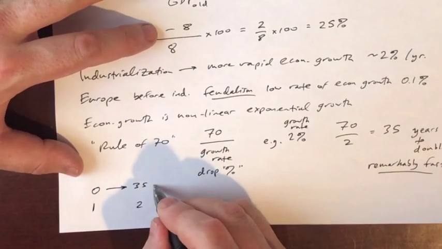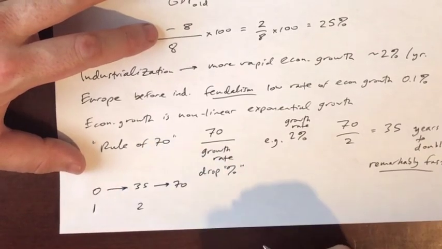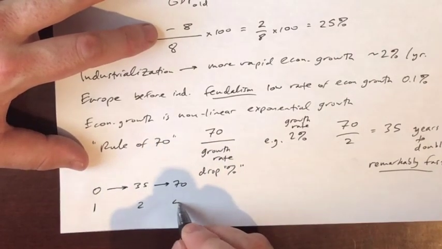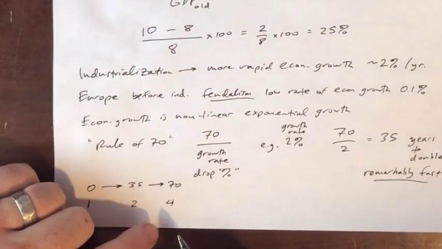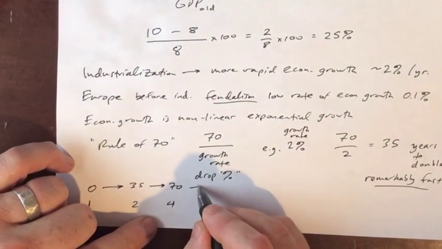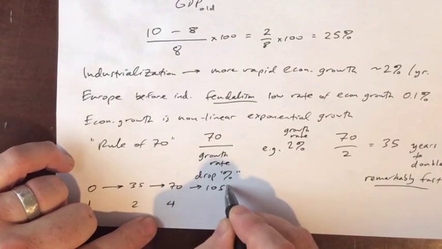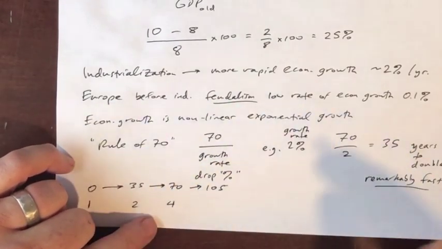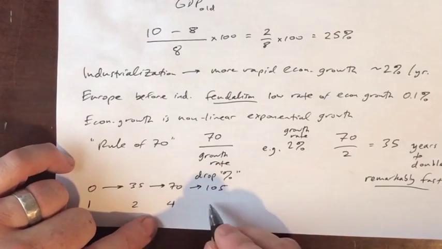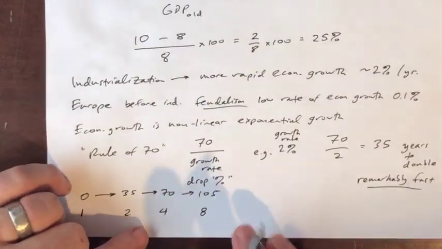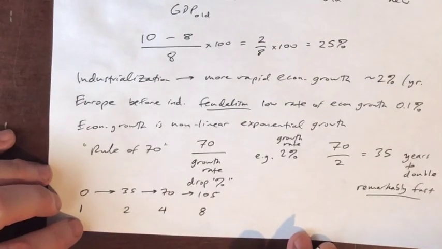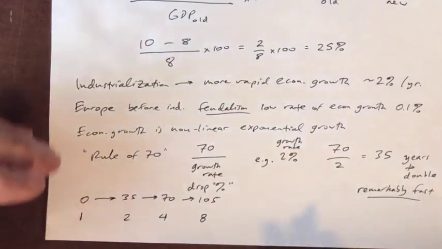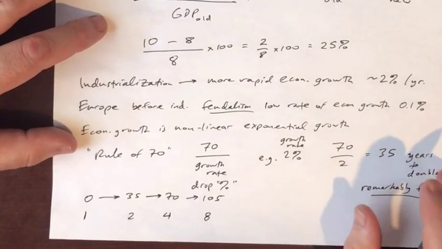We go another 35 years, 70 years into the future, we get another doubling. 2 doubles and becomes 4. We go another 35 years, 105 years have gone by, and the economy is 8 times larger, right? 8 times larger in the span of 100 years. History has never seen economic growth that rapid.